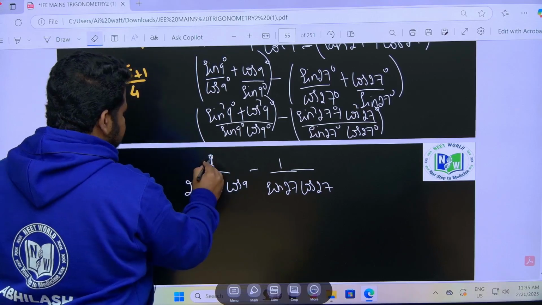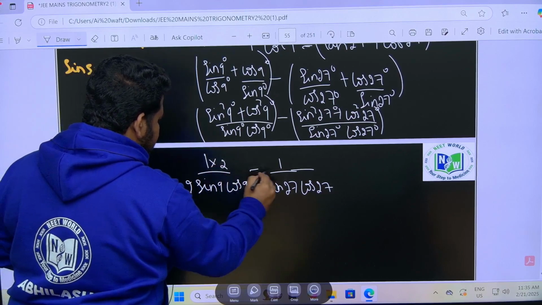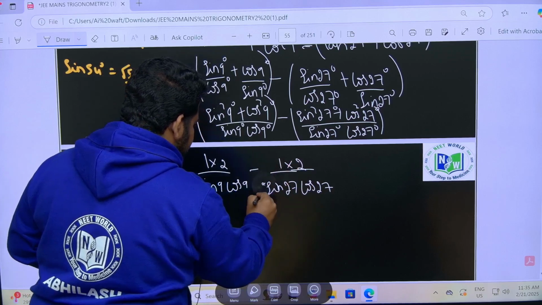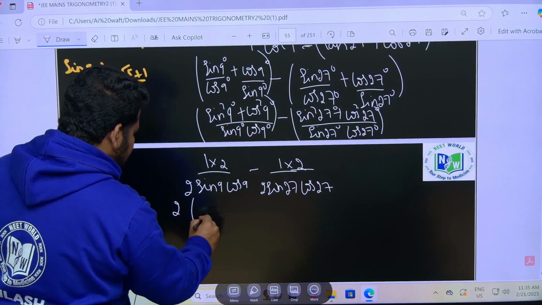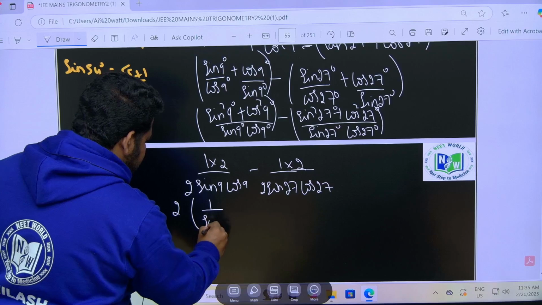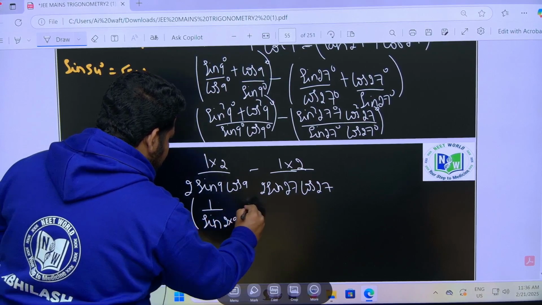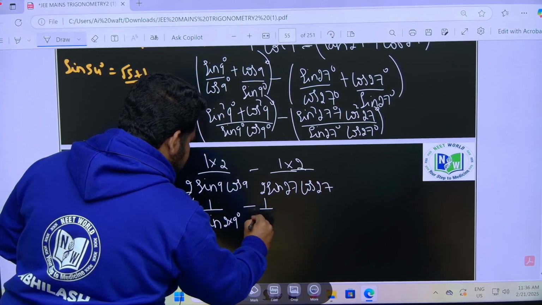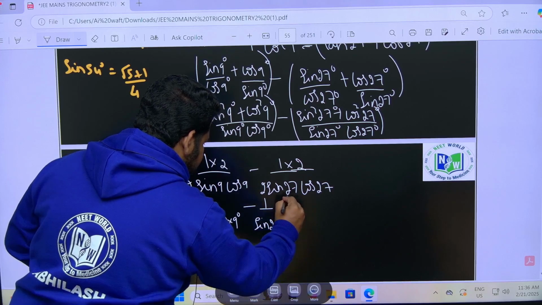Instead of writing 1, I can write 1 into 2 here, and into 2 here. I will take the 2 outside. So this will be 1 by sin 2 into 9 degree minus 1 by sin 2 into 27 degree, that is sin 2A.